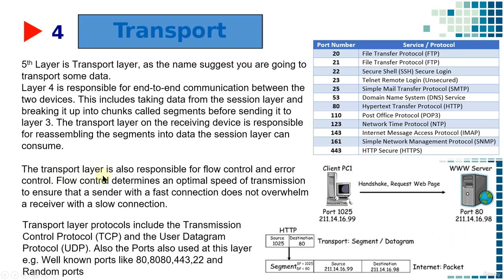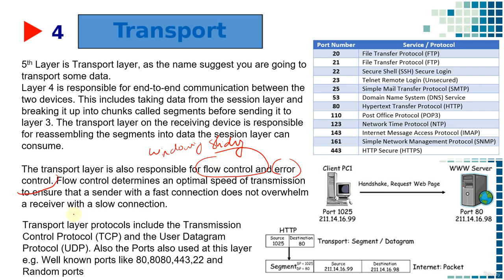The transport layer is also responsible for flow control, error control, and there is another thing called windowing, the sliding window. We are going to cover all these in a lot of detail when we hit the TCP or UDP section.